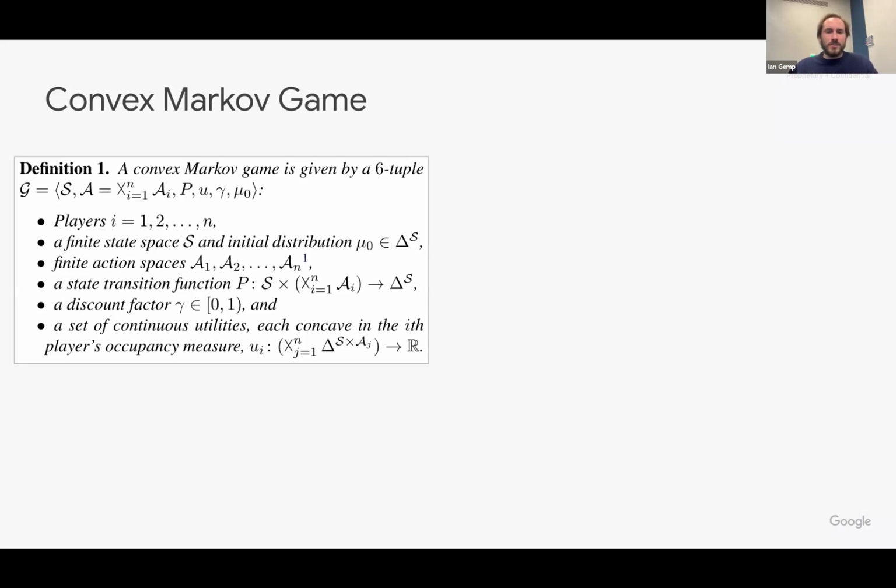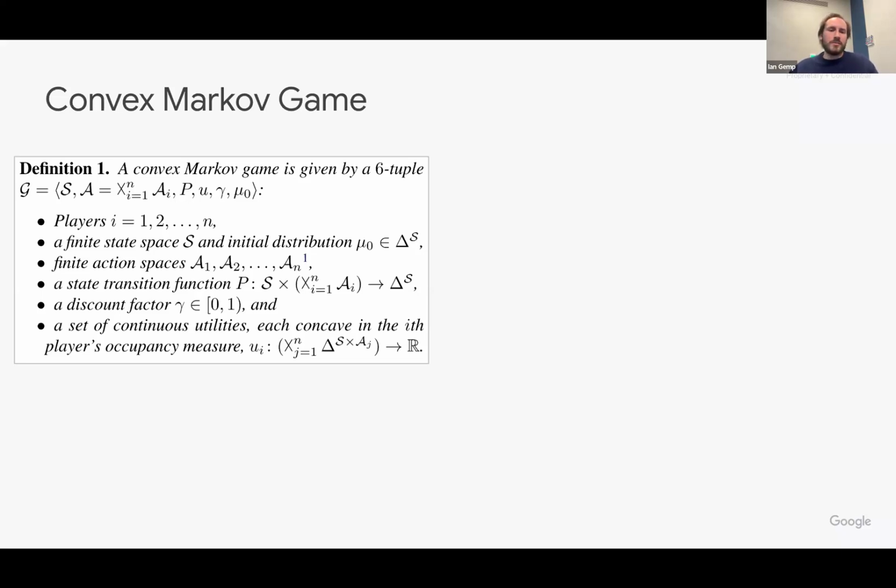We have a discount factor, so this is going to be a discounted setting, a discounted sum of rewards and generalizations. And then lastly, and this is the most important part, we're going to have a set of continuous utility functions where each is concave in the ith player's occupancy measure. And if these utility functions were linear in the player's occupancy measures, then this would just be a Markov game or a stochastic game.